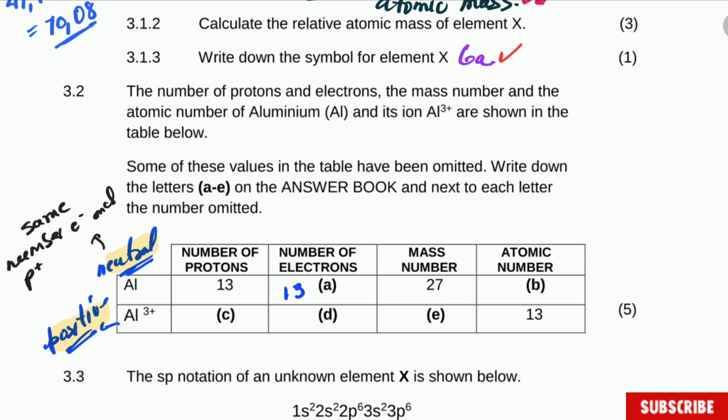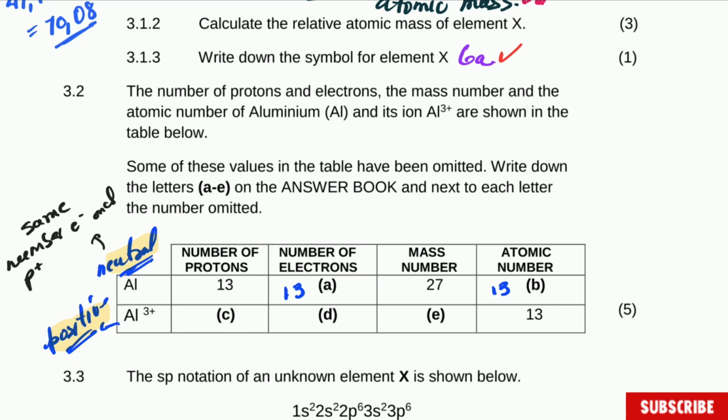Now the mass number is 27, and the atomic number, guys, is the same as the number of protons, so it will be 13. Number of electrons is the same because it's neutral. Atomic mass is 27, they're giving you that one, and the atomic number and the number of protons are the same.